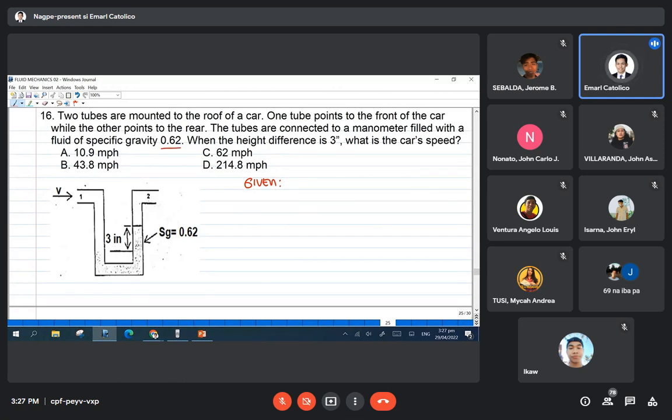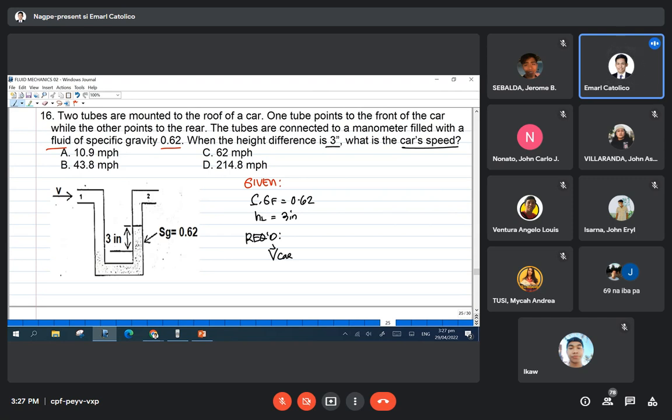Okay, so sa number 16, kunin natin yung given. So meron tayong specific gravity nung ating fluid. Okay? So fluid natin ay liquid. So SG ng ating fluid is 0.62. Then height difference, ibig sabihin yan yung ating height ng liquid. So 3 inch. Ang hinahanap is yung speed ng car, velocity ng car.